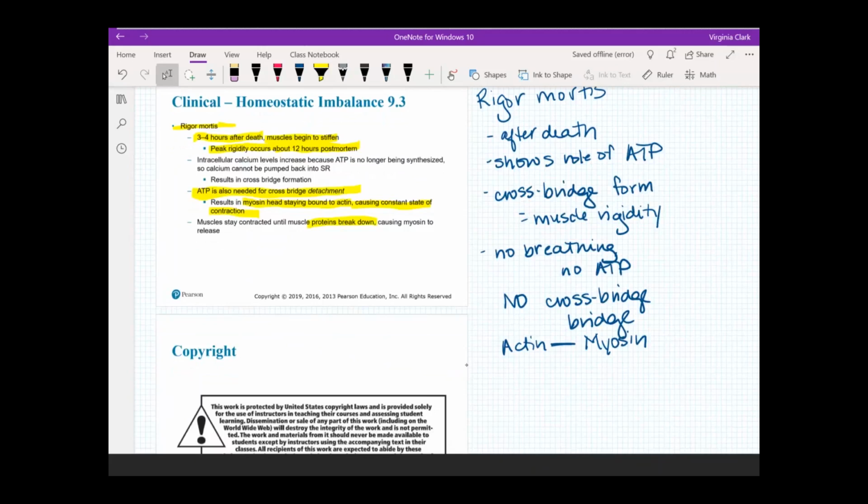You can't understand anything from 9.4 on about how a skeletal muscle contraction occurs if you do not understand the structure. So 9.3 is the structure, 9.4 is the function. So those are the focus for this first part, or this week, of chapter 9.